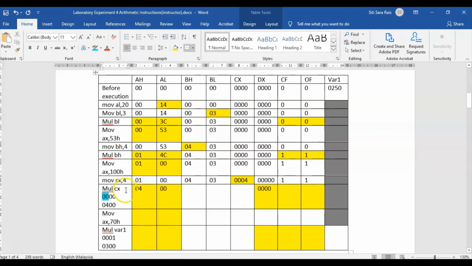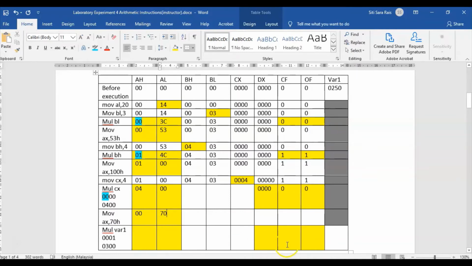I put the color. It is the same for the multiply here and the multiply here. It will look at 01, and this one will look at 00 here. So 00, that's why you get 0; this is the value, so you get 1 here. This one we got 0 because the value is 0. Next instruction, AX will be equal to 70.